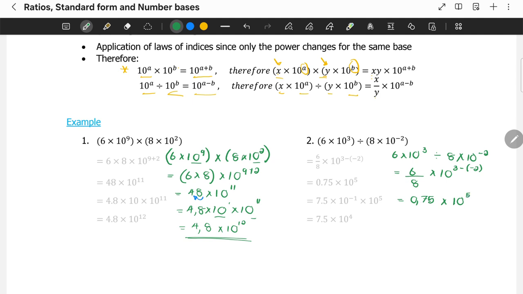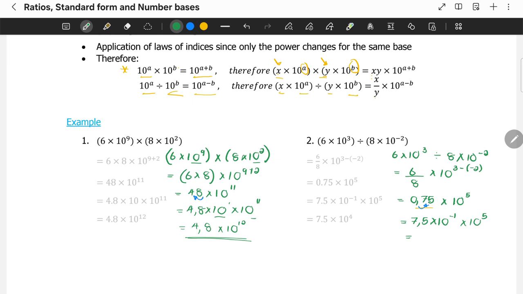But now when you look at this, right, 0.75 is not in the standard form, so to put it, you move the decimal to the right, such that you are left with 7.5 times 10 to the power minus 1, because you have moved the decimal place one place to the right, times 10 to the power 5.